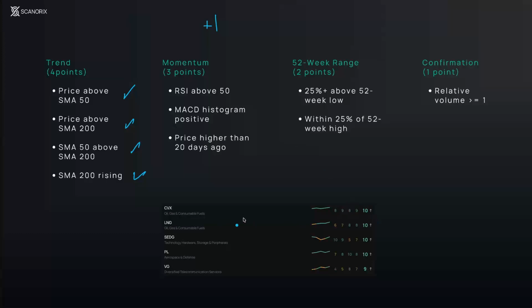So when a stock like the one we see here has 10 points, it means it meets all these parameters. If a stock has 9 points, it means that maybe it doesn't meet one of these parameters. In that way, we can filter the stocks where we want to find a put credit spread through the stage that we call uptrend.